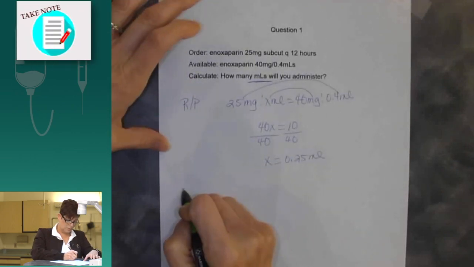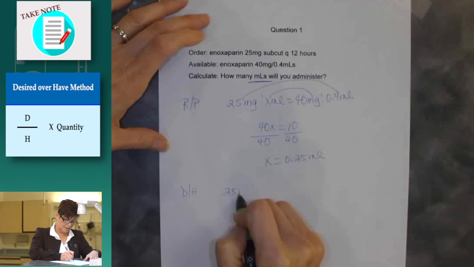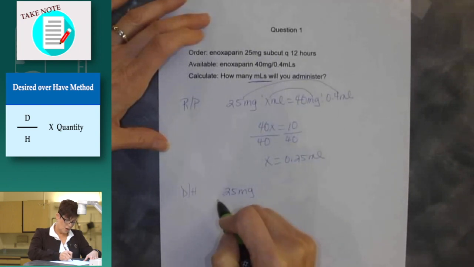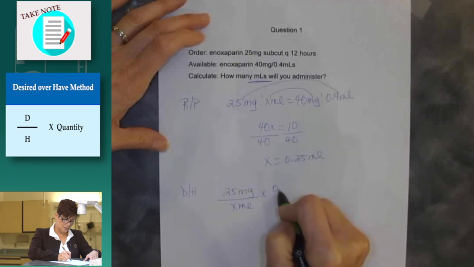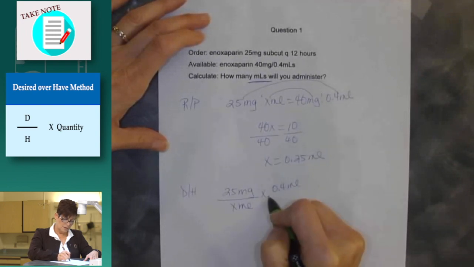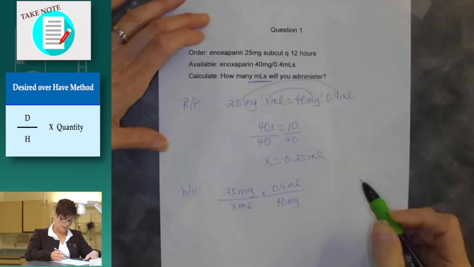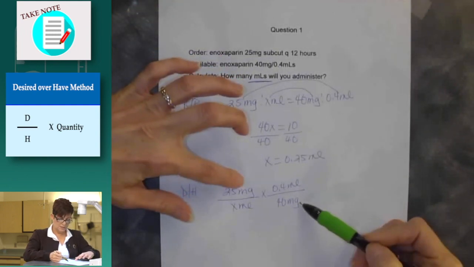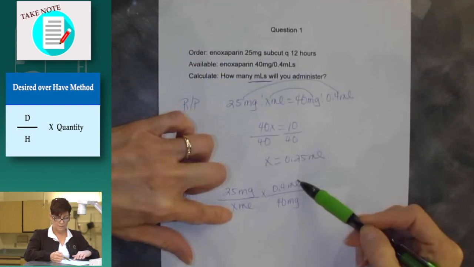Now, the other method, which is the desired over have: you have 25 milligrams over x mL times 0.4 mLs over 40 milligrams. So here, because it's multiplying, you need to have your milligrams on the opposite side and your mLs on the other opposite side.